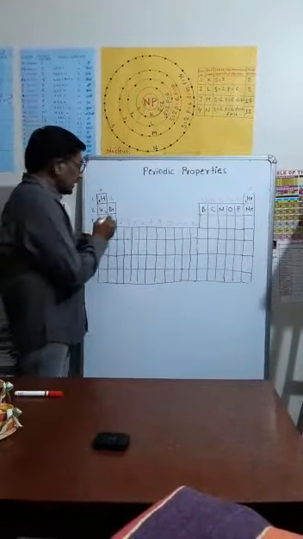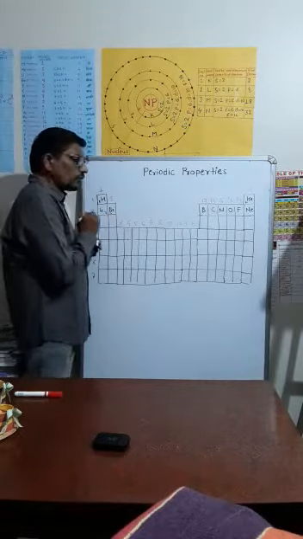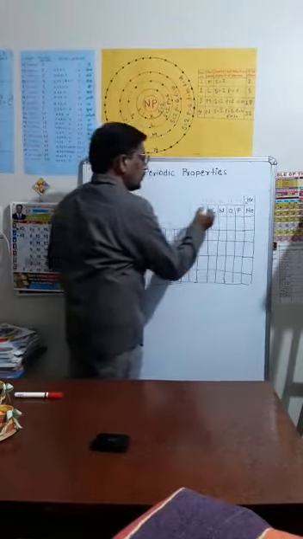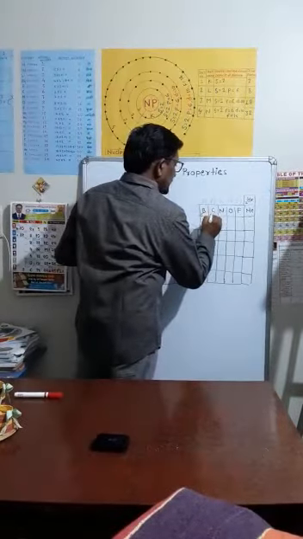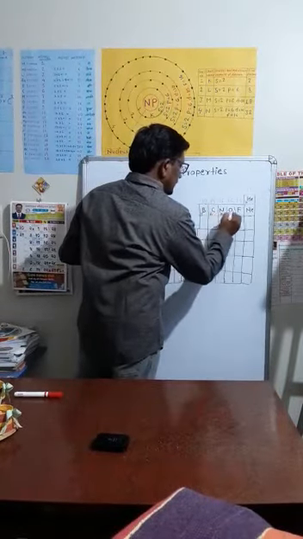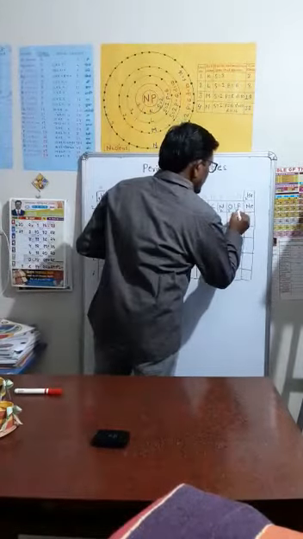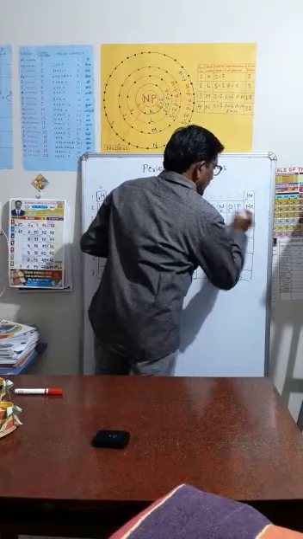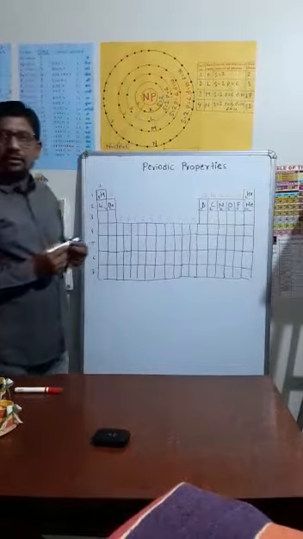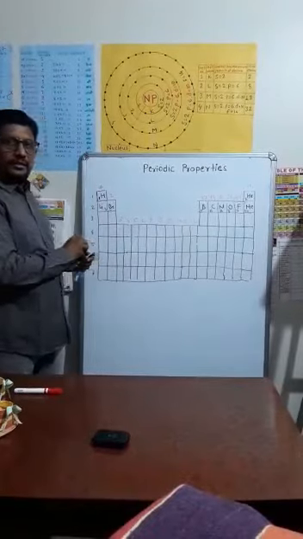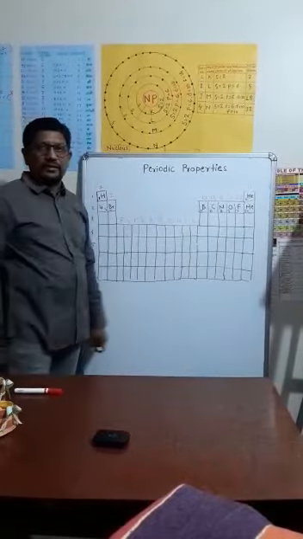Beryllium, the fourth element, 4. Boron, the fifth element, 5. Carbon, 6. Nitrogen, 7. Oxygen, 8. Fluorine, 9. And neon, atomic number 10. All these elements are placed in the periodic table with increasing atomic number.